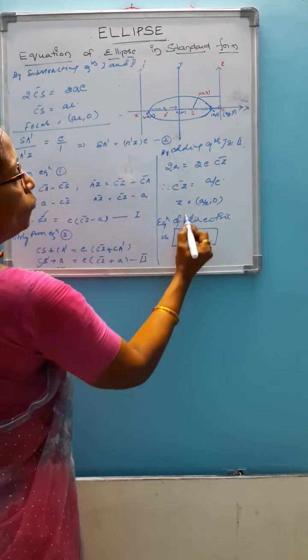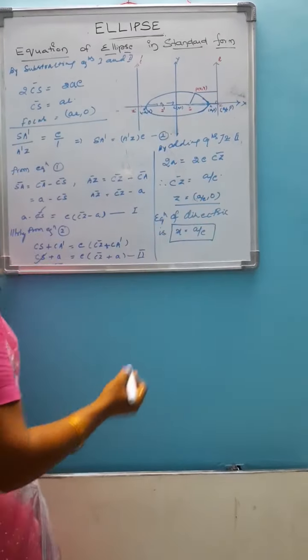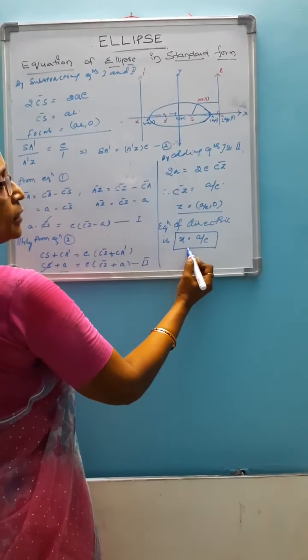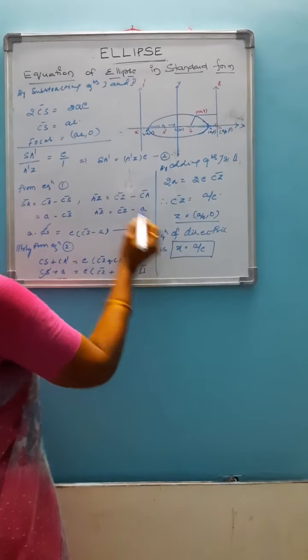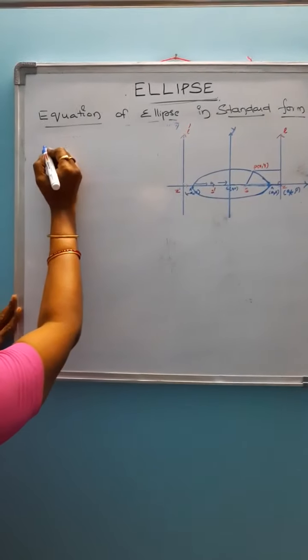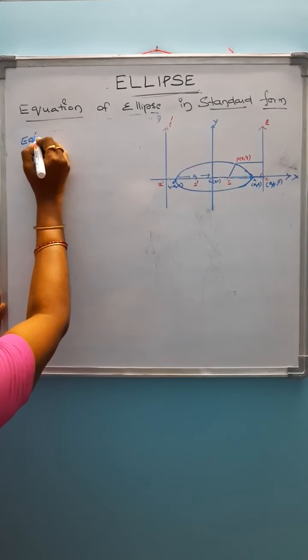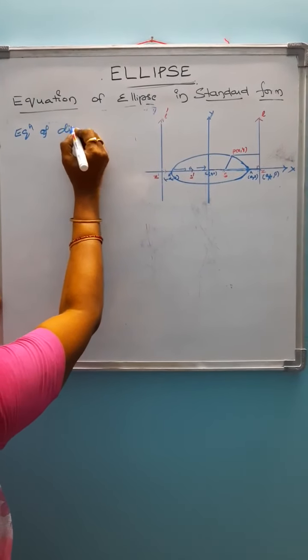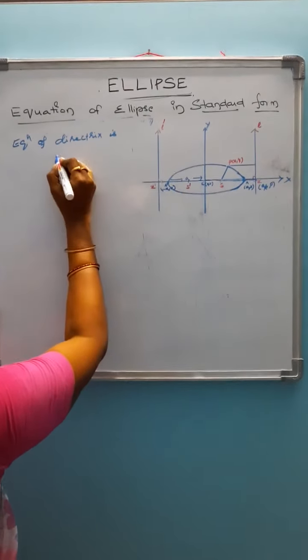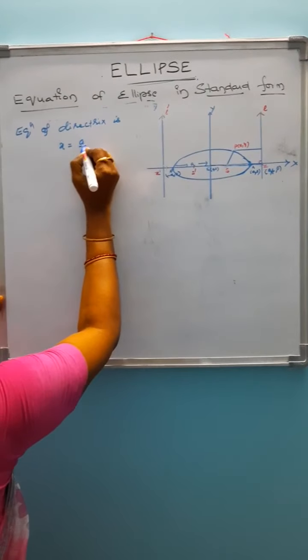The coordinates of the foot of the perpendicular Z are A by E, 0 and the equation of directrix is x is equal to A by E. From the figure, L is the directrix, and the equation of directrix is x is equal to A by E.